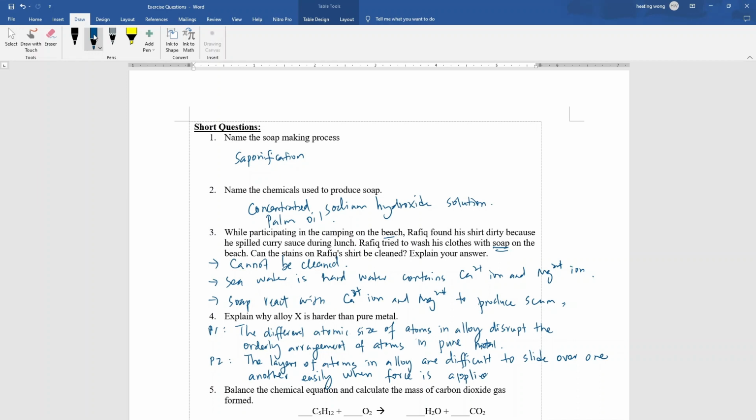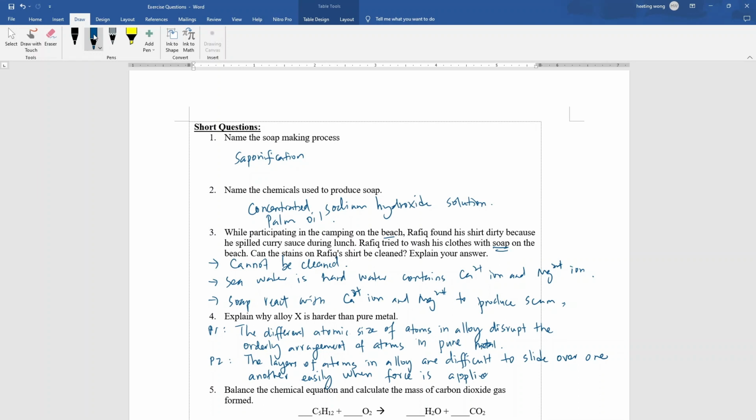Okay, next, balance the chemical equation. So class, now how to balance this equation? Very simple. First we look into the carbon. So 5 carbon, here only 1, so this one times 5.